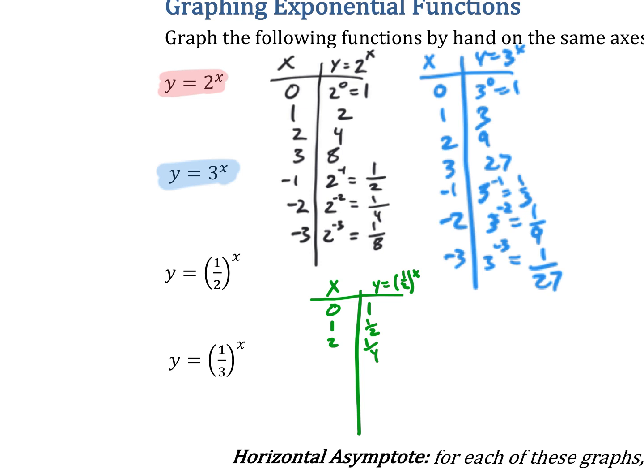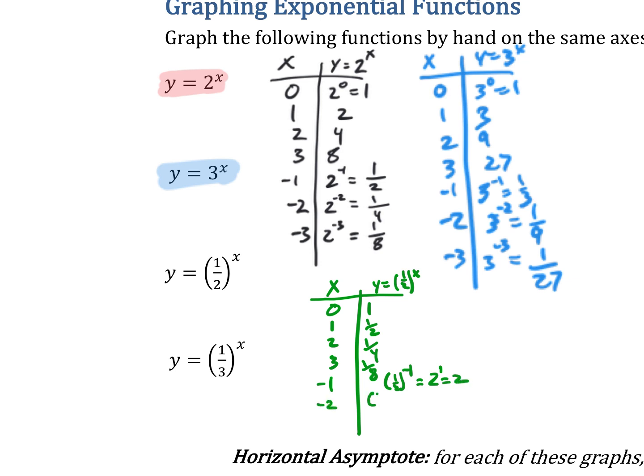It's going to be 1/8 and so on. How about negative 1? What is 1/2 to the negative 1? That negative 1 flips the fraction, and so we'll have 2 to the first, which is 2.